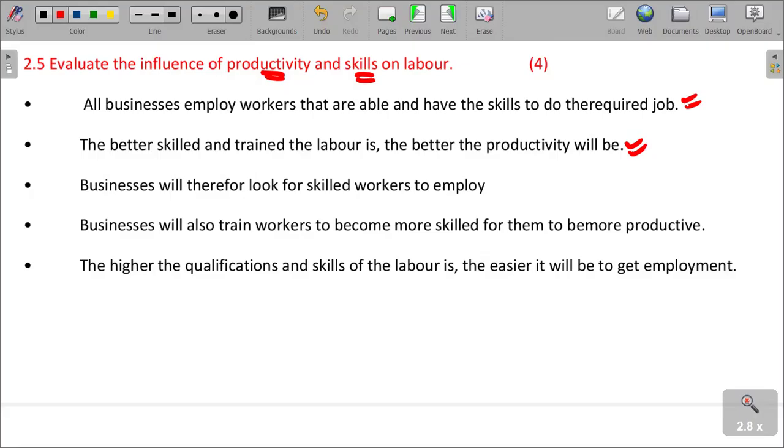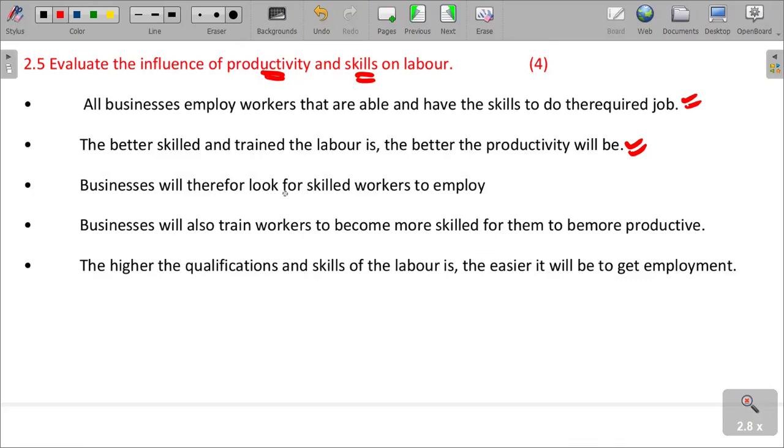The reason why we talk about people going to school and through education is the vision and the expectation of having higher productivity. So better skilled and trained laborers are better in terms of their productivity. There is less waste.